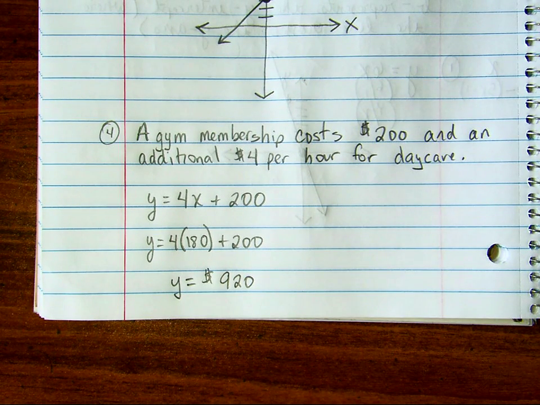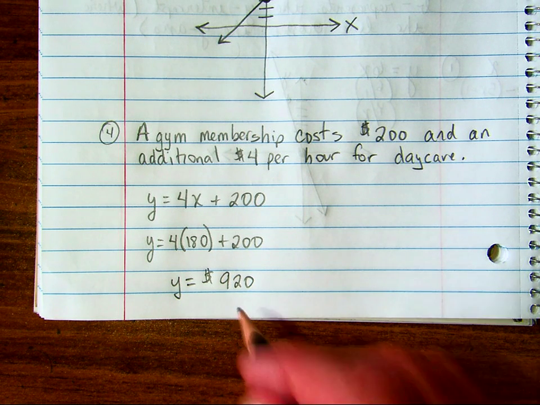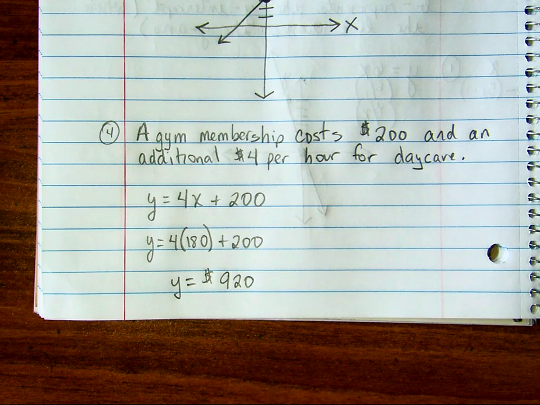Now, mind you, just the membership alone was $200. And it could have been $200. However, I've got 2 little ones running around. That's costing me an extra $720. So remember that when you're complaining about mom and dad not giving you a couple dollars here and there. Everything adds up.